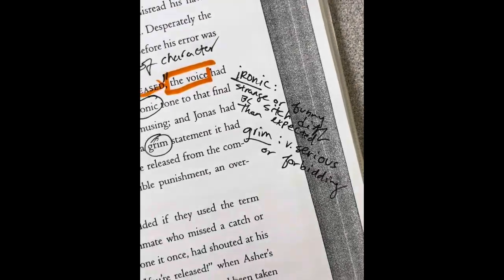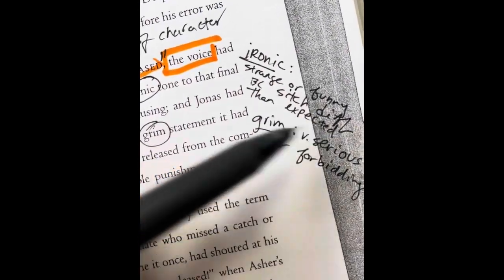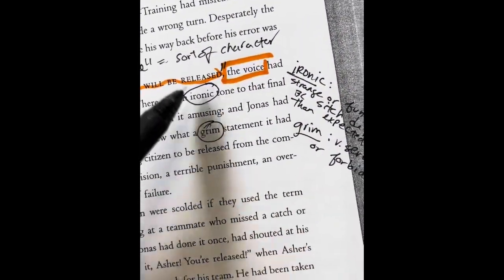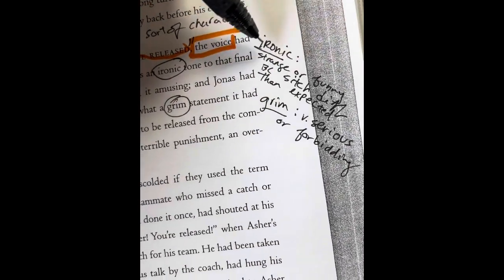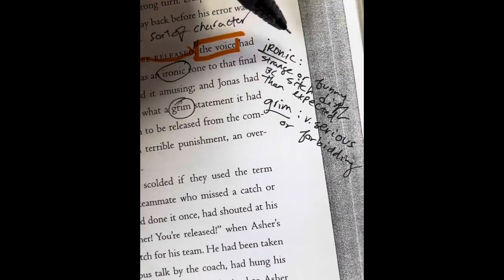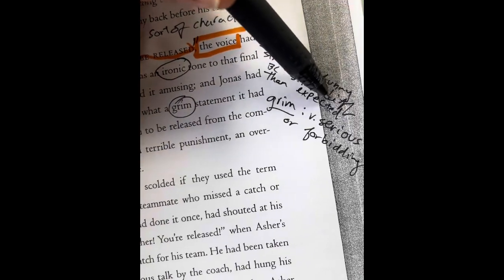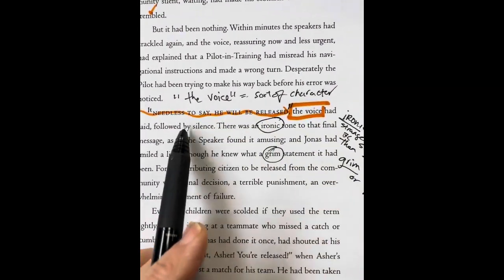So here's a couple little quick definitions. Ironic: strange or funny because the situation is different than expected. I'm not going to write this all the way out because yes, I want to learn these words, but no, I don't want to take a million years. So an ironic tone means a tone that's humorous because the situation is different than you expected. In this case, it says he will be released.